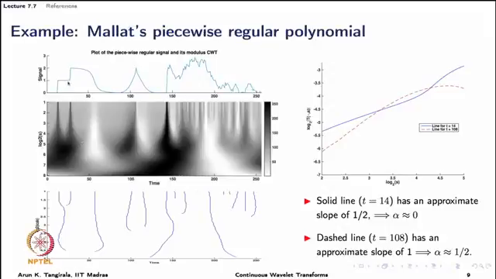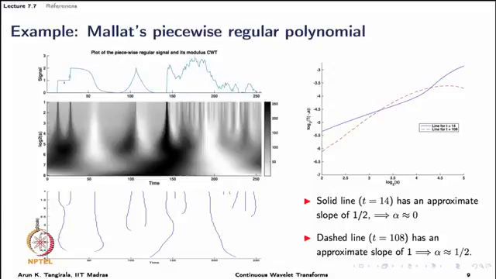Whereas for the next discontinuity, the line does not start off from the coarse scales. You only see a modulus maxima line that starts off from relatively fine scales to even finer scales. This does not mean there is no discontinuity, but this discontinuity at the second point is not as sharp as the one that you see here.